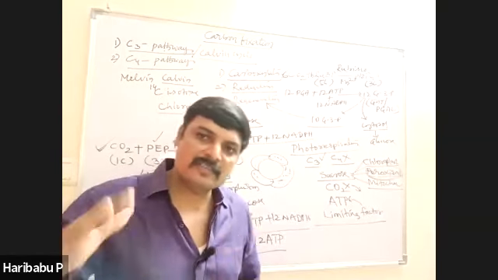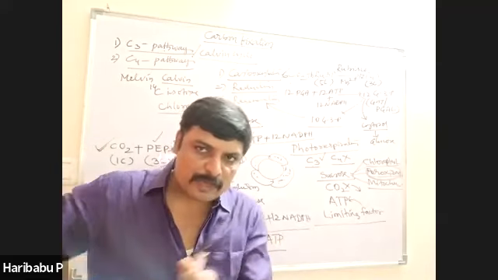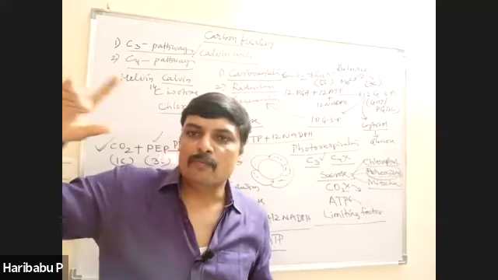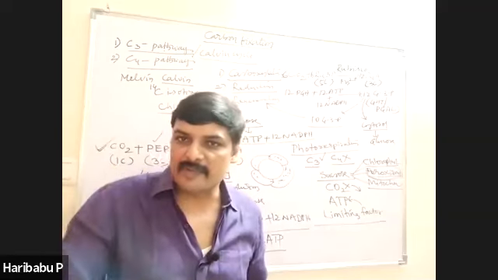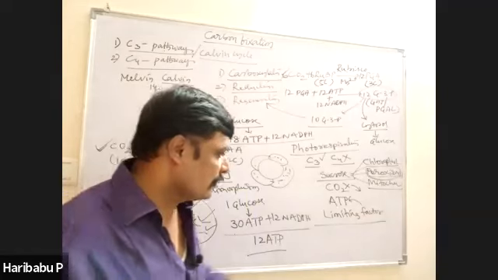If all factors are equally available, the process goes on well. If one factor decreases, this factor affects that process, and that factor is called the limiting factor.